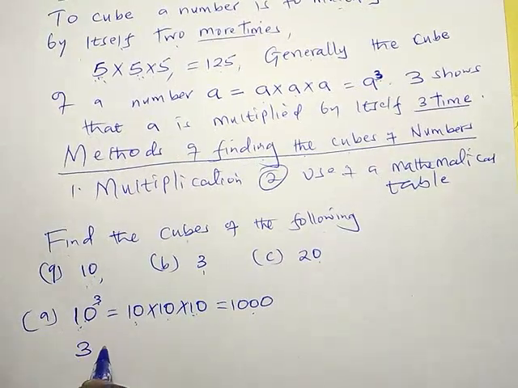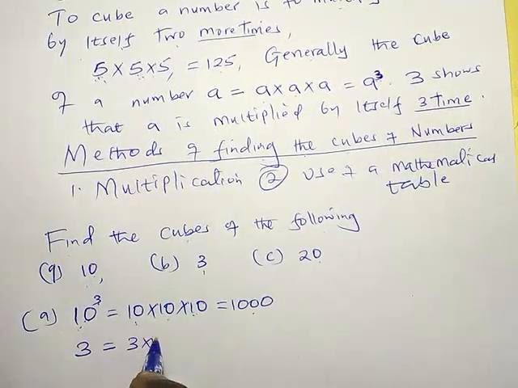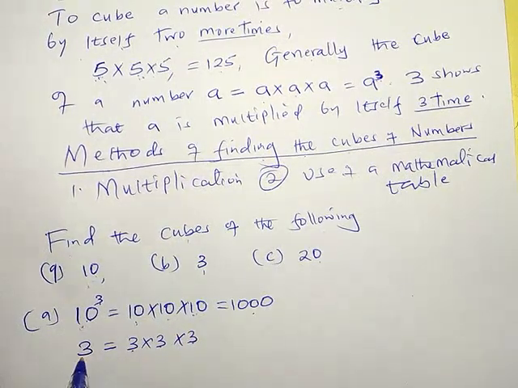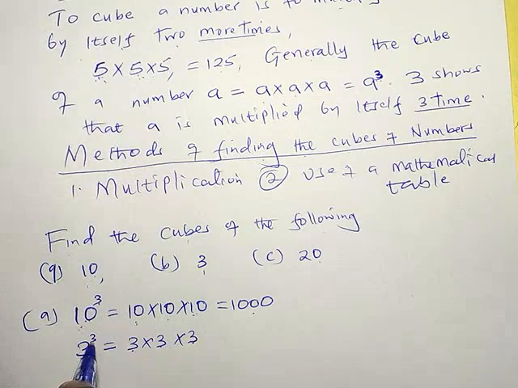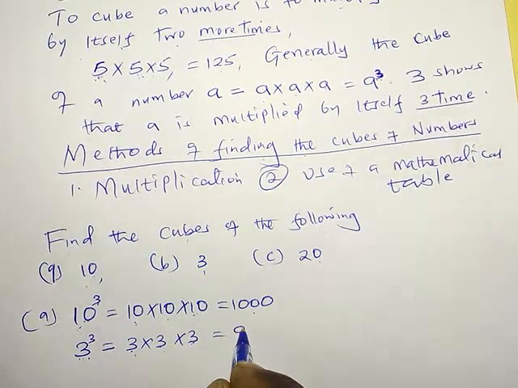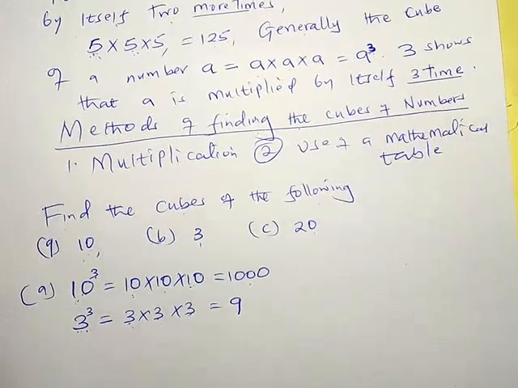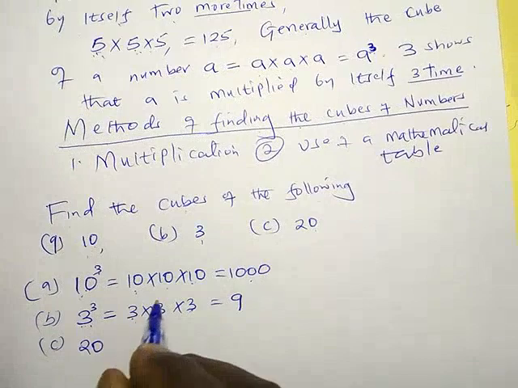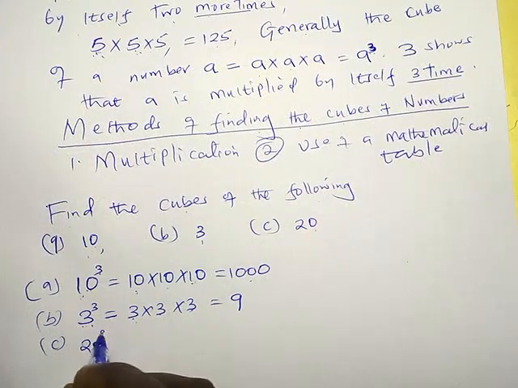The cube of 3 means 3 times 3 times 3, which means 3 raised to power 3. So the cube of 3 is 3 times 3 times 3, and the answer is 27. C, the cube of 20. The cube of 20 means 20 raised to power 3.